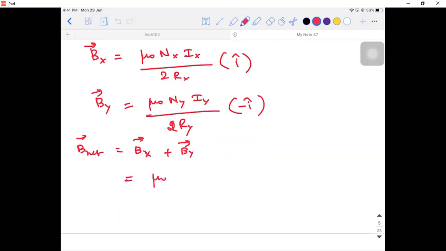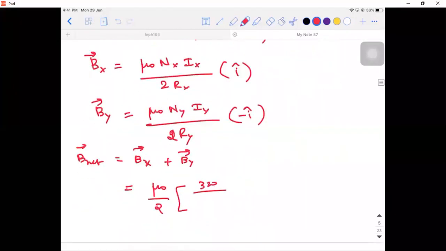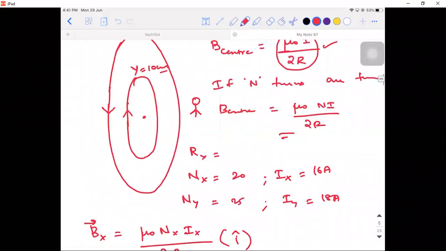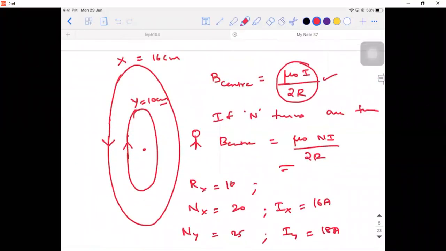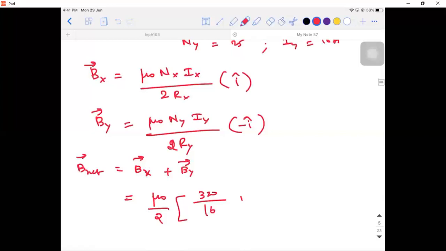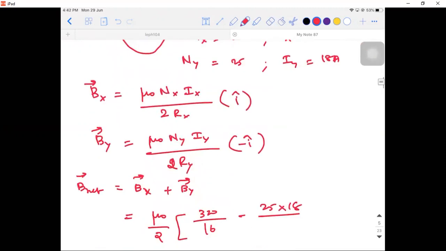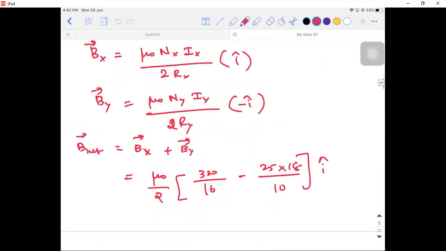So this will be mu naught divided by 2 into number of turns in X, which is 20, into Ix, 16, divided by Rx, which is 16 (Ry is 10), i cap, minus 25 into 18 the whole divided by Ry, that is 10, in the direction of i cap. I can write it like this.